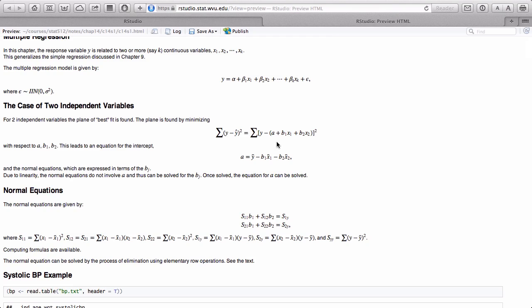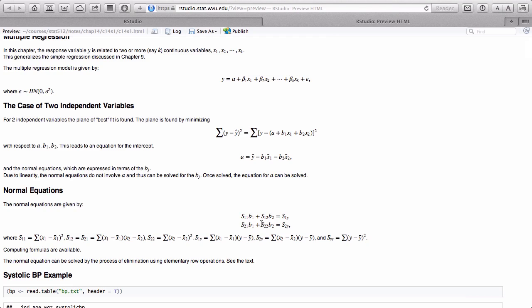So I could simply center x1 about its mean and center x2 about its mean, and write it in a simpler way without an A. If I did that, I would have 2 equations and 2 unknowns if I take the derivative with respect to B1 and B2. And those are called the normal equations.